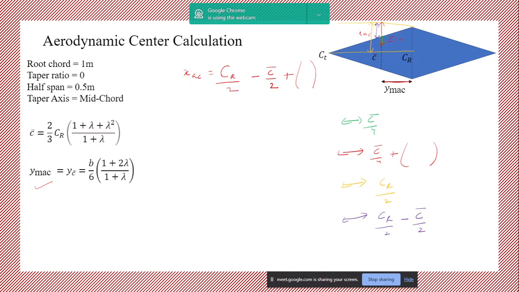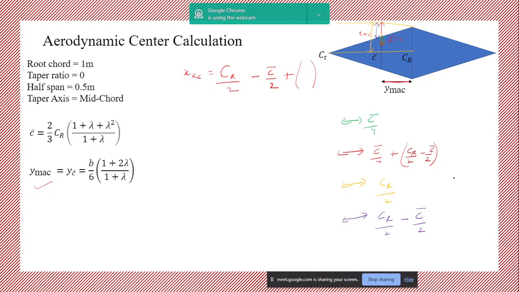So your final XAC, given by the red line, will be C bar by 4 plus CR by 2 minus C bar by 2.